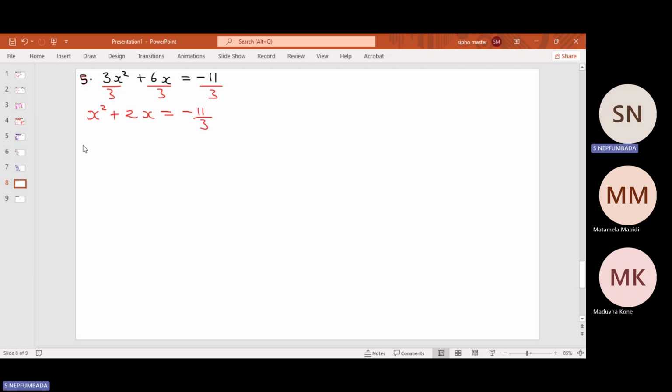Are we good? Then we complete the square. How do we complete the square? We add half of the coefficient of x, squared, on both sides. Then our half is 2 over 2. This is squared, both sides.